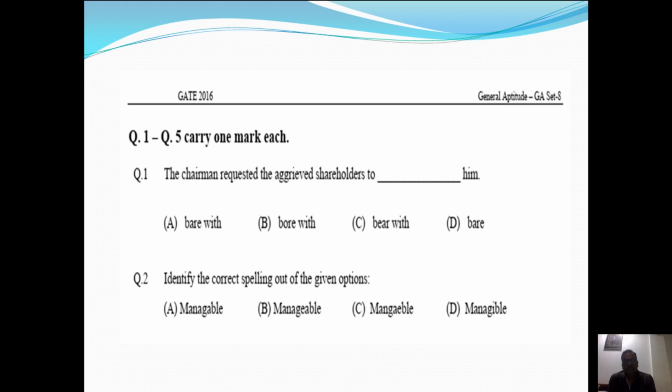But we need to identify the correct spelling, and how is that possible? Only by reading the word and writing the correct spelling. This is the only trick you have. Then only can you remember and write the correct one. In this question number 2, option B is the correct one. The spelling for manageable is "Manegeable," manageable.